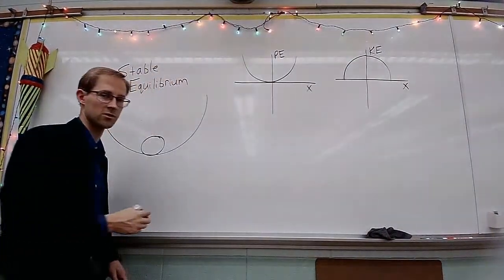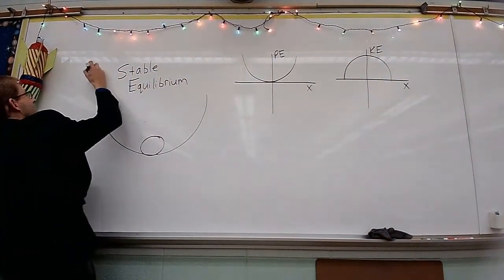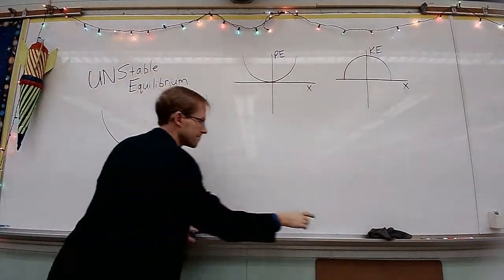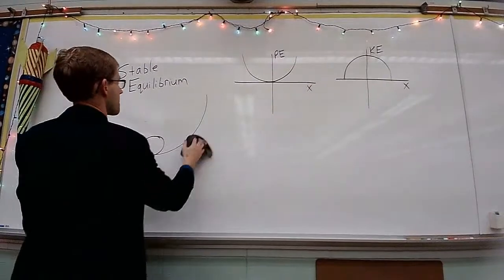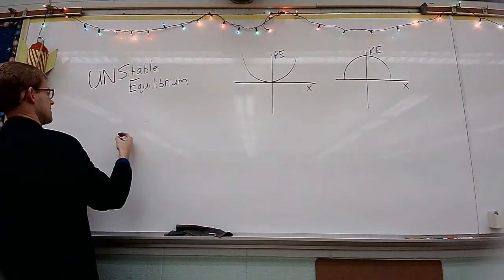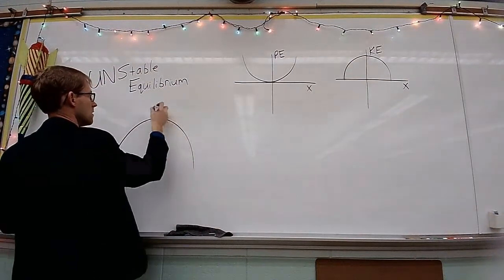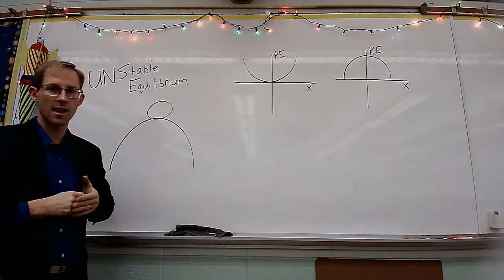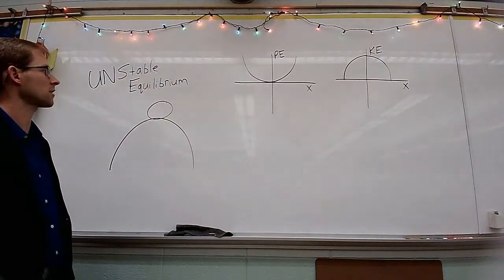What do you suppose is next? Unstable equilibrium. So unstable equilibrium is basically like an object on the top of a little hill.